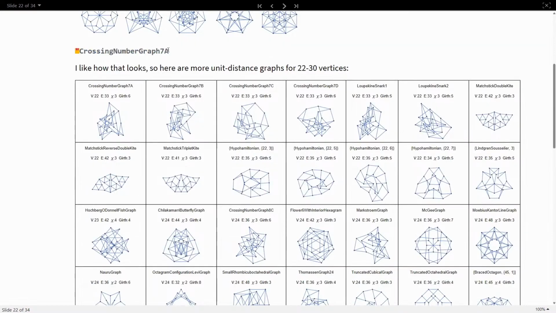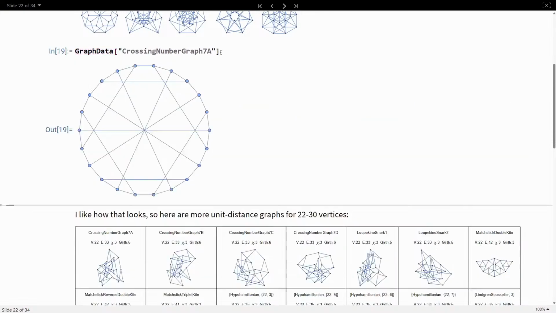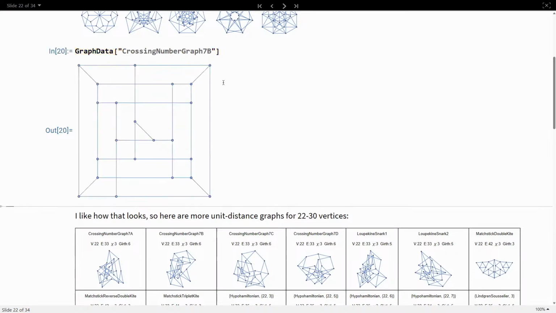The crossing number graphs, the question is, what is the fewest number of crossings in a graph that is possible? So, no, that's not the right embedding. Maybe if I do 7b instead. Yes.